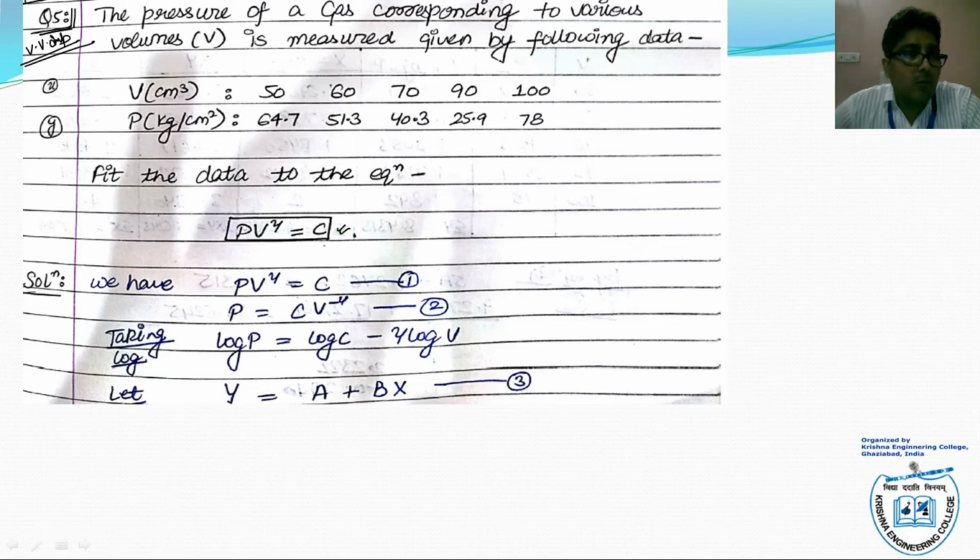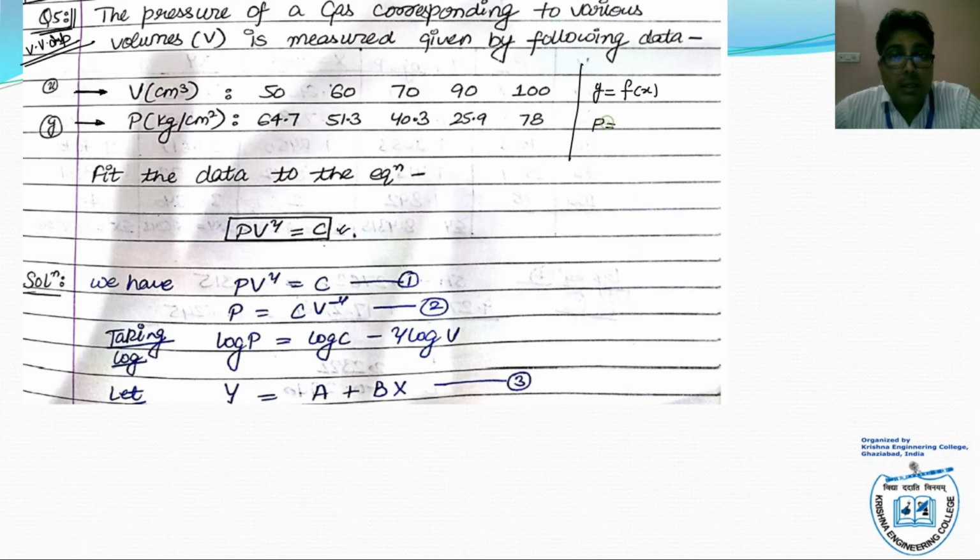Here, the first row is always the independent variable, so we treat the first variable as x and the variable given in the second row as the dependent variable. In the curve fitting problem, we express the dependent variable in terms of the independent variable.